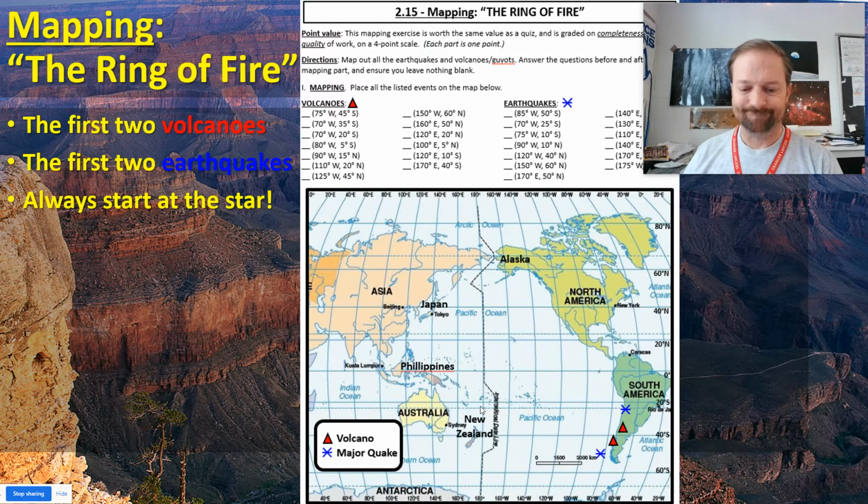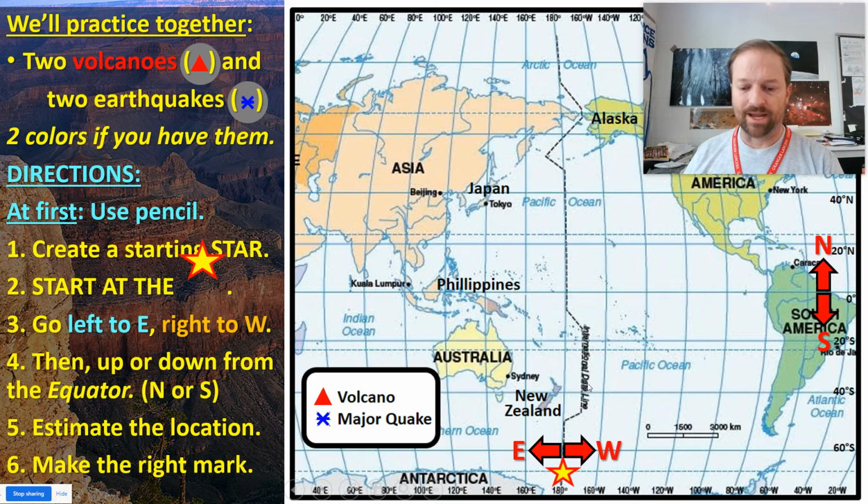So here we go. Let's set up your paper with a star down at the bottom. I believe it's already on there. If it isn't, notice the dotted line dividing the world into a Western hemisphere and an Eastern hemisphere there. Okay? That dotted line is the starting point for finding where these events occur.